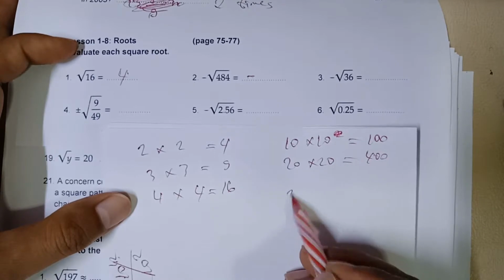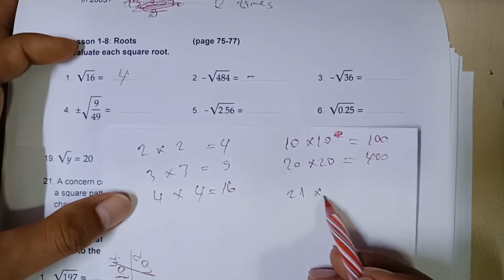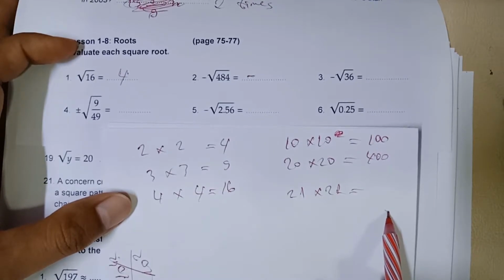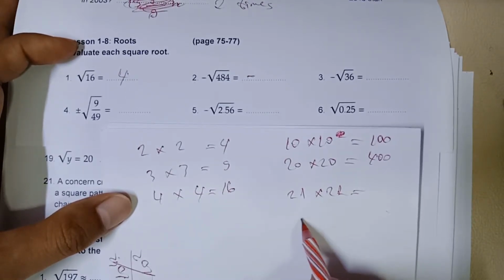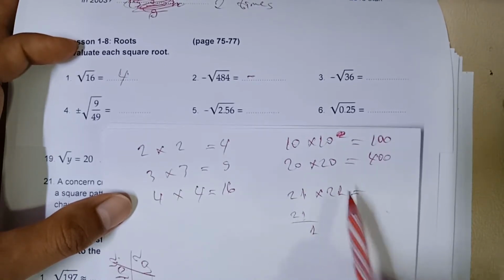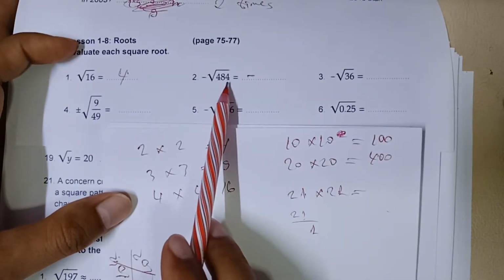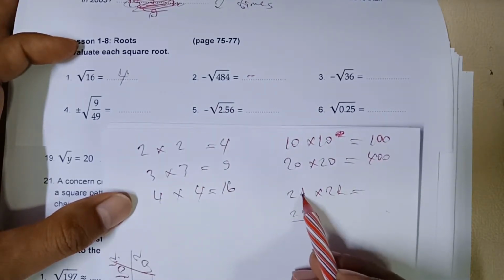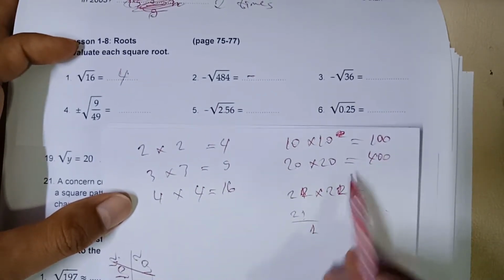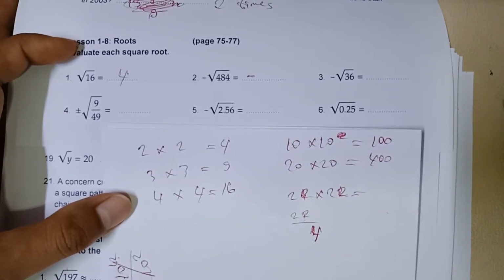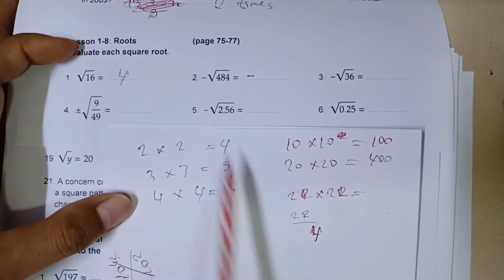If it is 21, 21 times 21, the one digit is 1, because 1 times 1 is 1, but the one digit here is 4. No, so I guess not. How about 22? 2 times 2 is 4. Okay, that's reasonable.